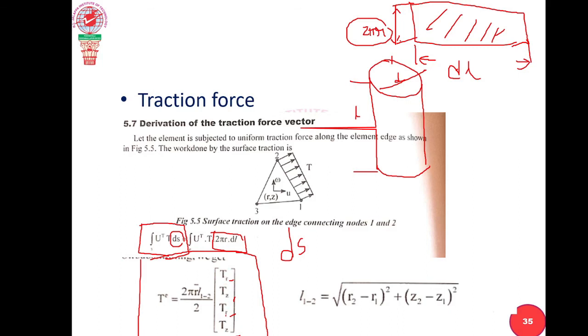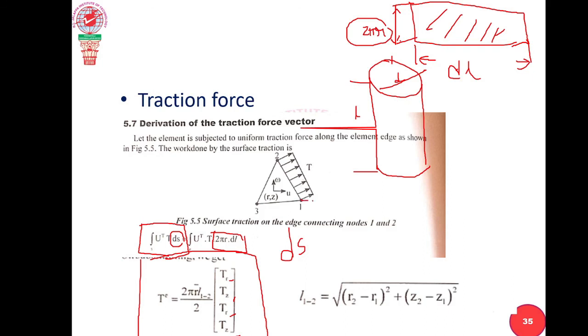Only 4, no? Why only 4? Keep this in mind. Because the traction force is acting with respect to how many nodes? Which nodes is it acting on? Nodes 1 and 2 only, right?